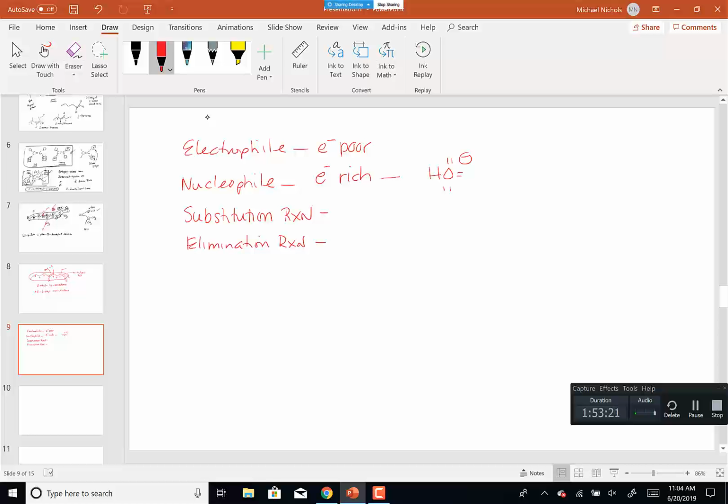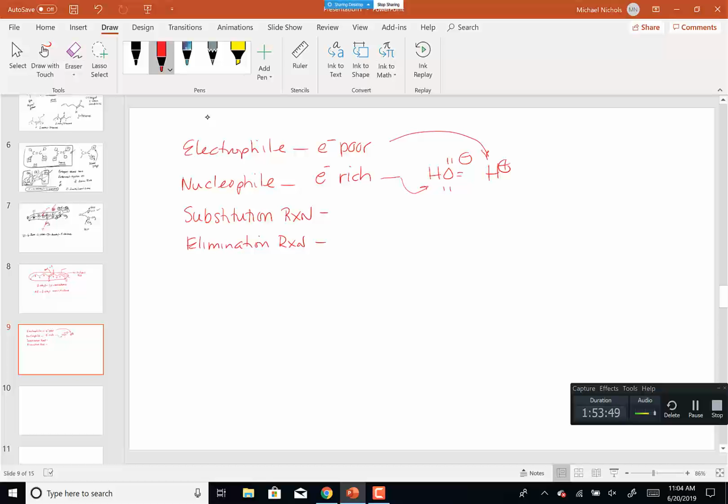So what would be an example of a positive species that OH minus would give its electrons to? H plus. So H plus is an electron-poor species. It's an example of an electrophile. And the hydroxide is an example of a nucleophile.